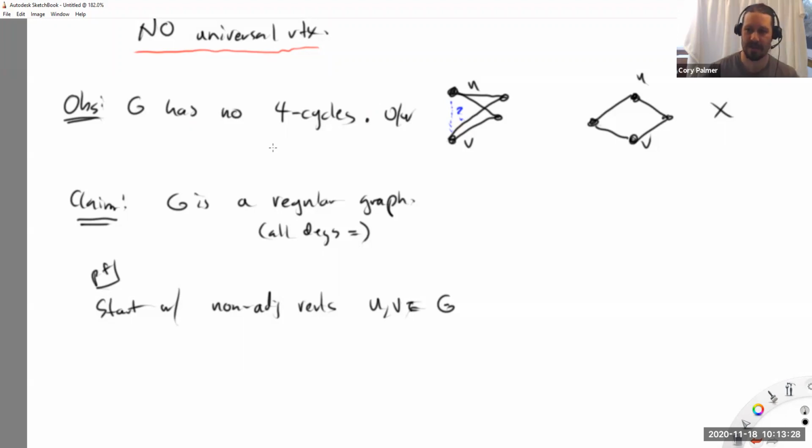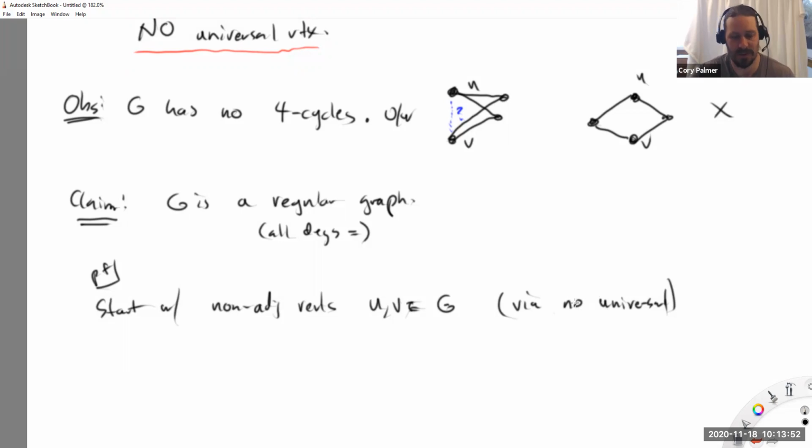I think I'm back. Yes. So via no universal vertex. So maybe that's where we're using it. Certainly we're using it here. On the other hand, this also follows from the one common neighbor property as well, right?